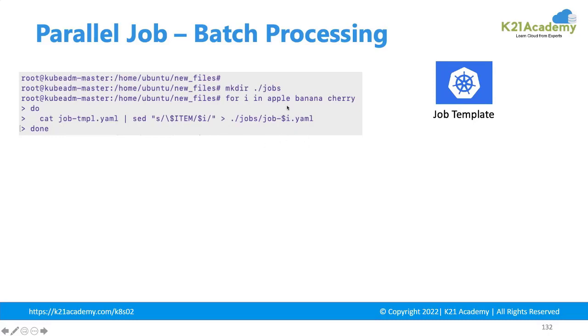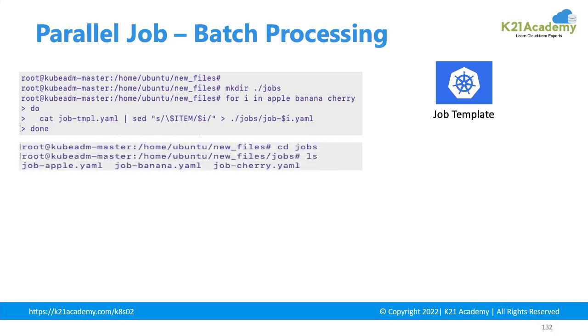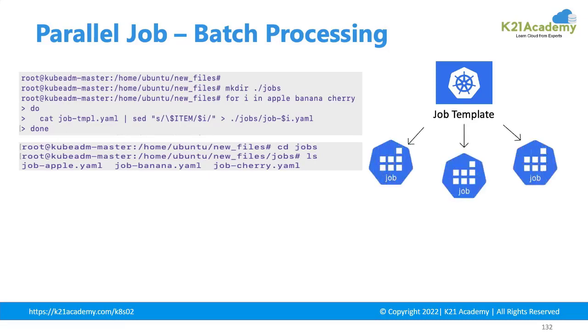So you are creating several YAML files which will go ahead and create the jobs when we execute the kubectl command. You would execute kubectl commands only when you have created several job manifest files like this. Here you see the YAML files of 3 jobs, and from here, I want to create 3 jobs.